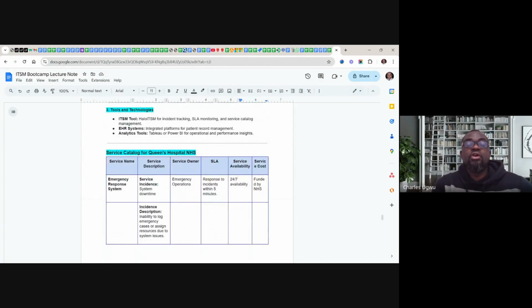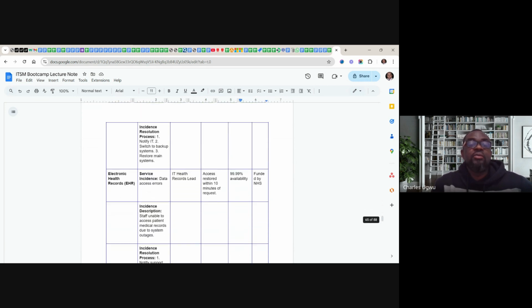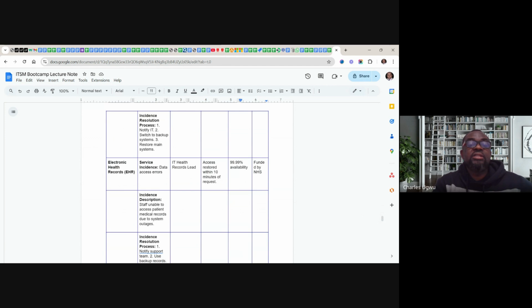Then let's take another. This is for a hospital, like Queen's Hospital NHS. We have emergency response system. This is a service. Then we have electronic health record system. This is a service.